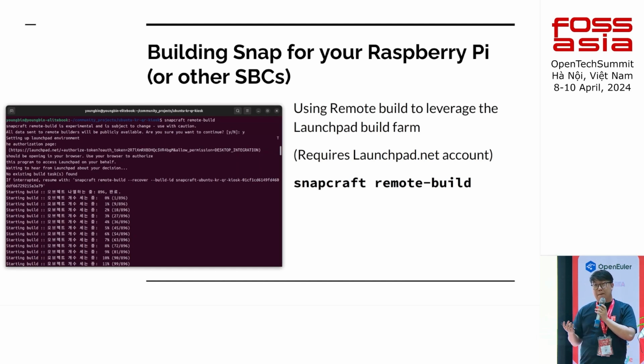Cross-compiling is usually quite complicated to set up, so you can leverage the existing infrastructure. The Snapcraft CLI, which is a tool for building Snaps, has a remote build command which leverages the Launchpad infrastructure to build for other CPU architectures like ARM64.